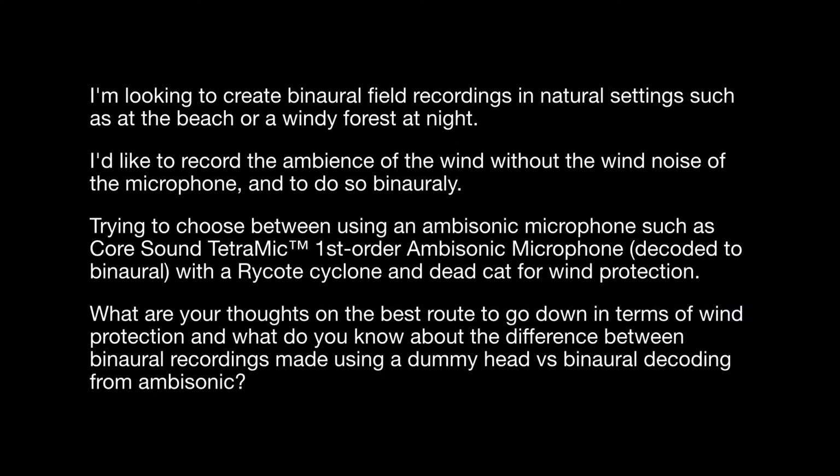Trying to choose between using an ambisonic microphone such as the Core Sound Tetramic, a first order ambisonic microphone decoded to binaural, with a Rycote Cyclone and Dead Cat for wind protection. What are your thoughts on the best route to go down in terms of wind protection, and what do you know about the difference between binaural recordings made using a dummy head versus binaural decoding from ambisonic?